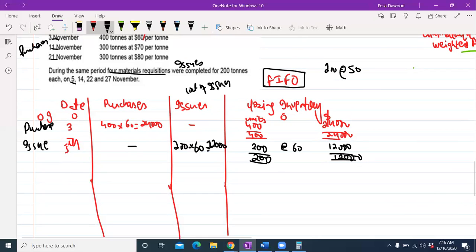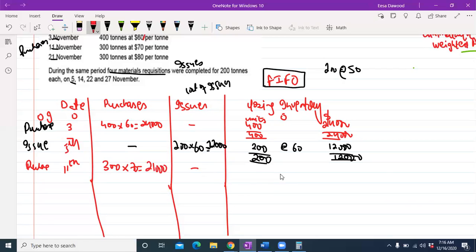Now the next date is the 11th. On the 11th, there is another purchase of 300 tons at 70 per ton, and the value is 21,000. There was no issue on that date.